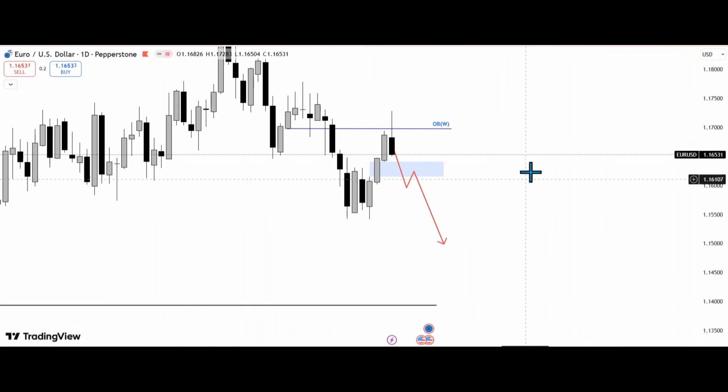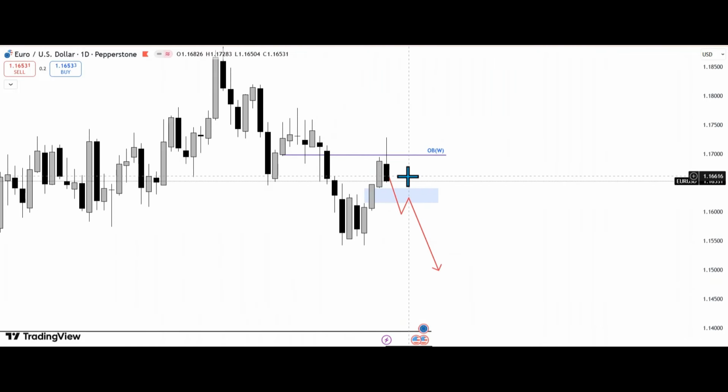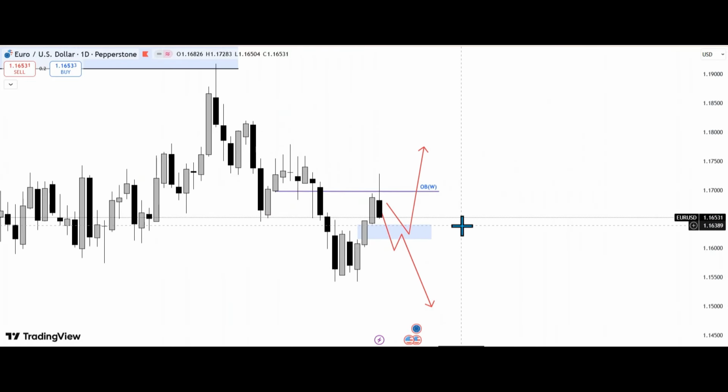So that is one. There's also a probability that this bullish fair value gap can be used to push price higher. So we might also use this to get bullish moves, and of course if that happens, I'll be looking at this buy side liquidity up here.